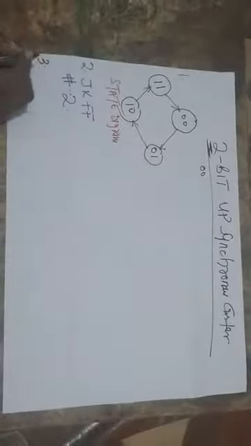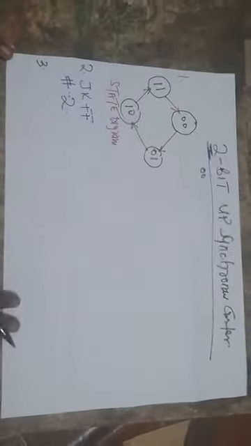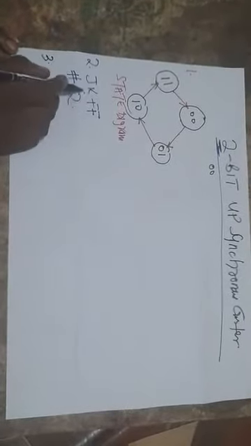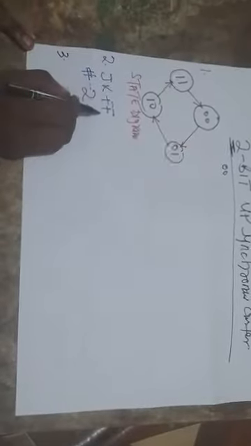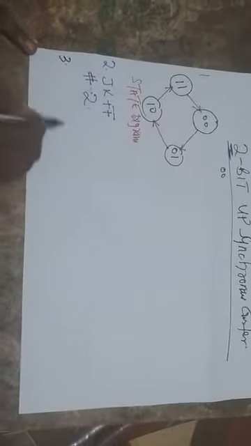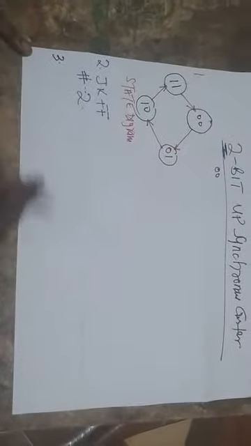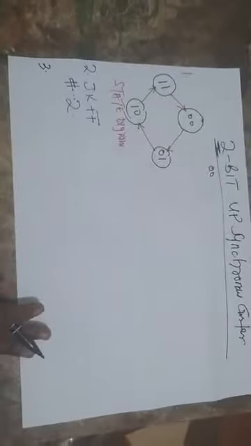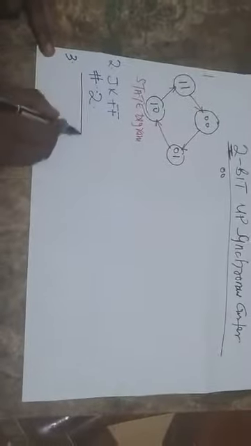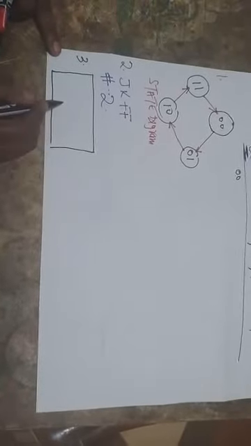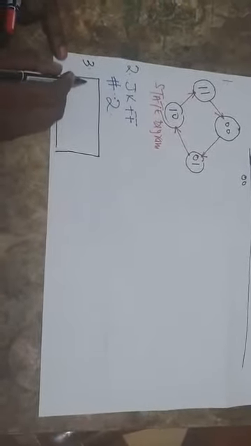Then the third one, what do we do? The third one, we come up with the excitation table. Because I'm choosing a JK flip-flop, I have to draw the excitation table of a JK flip-flop, which you know already. Let's do it together. Let me divide it into 2.